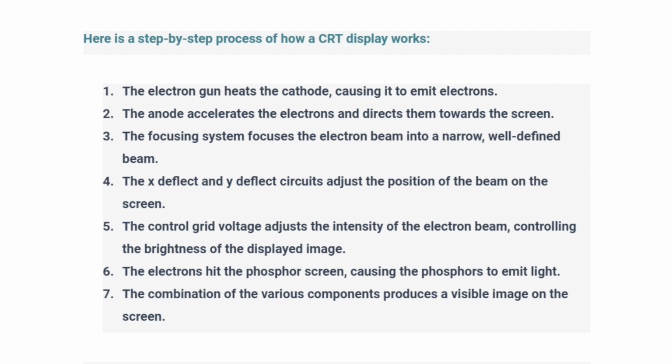The control grid voltage adjusts the intensity of the electron beam, controlling the brightness of the displayed image. The electrons hit the phosphor screen, causing the phosphors to emit light. The combination of the various components produces a visible image on the screen.